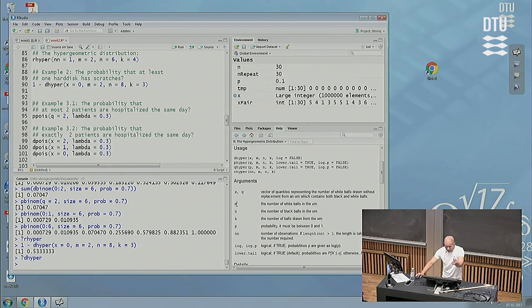So the sum of little m and little n would be the capital N in our case. You can find out what these things mean compared to your notation by looking at the help function, right? They use M, N, and K, and that is a different naming than what I just showed you. Here it is. That's the hyper.